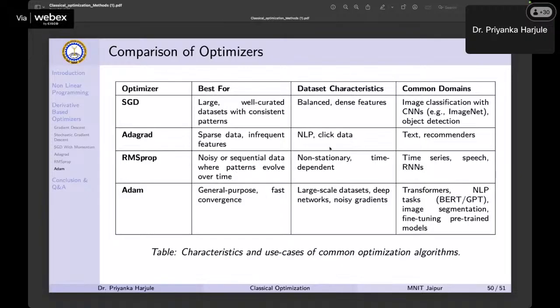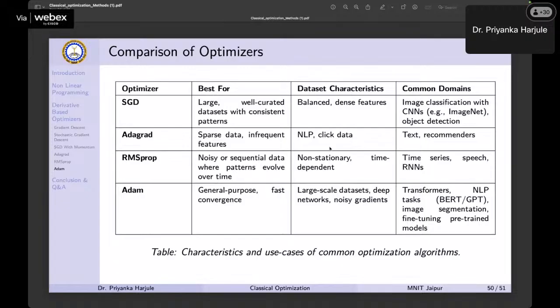RMS prop is best for noisy or sequential data where patterns evolve over time, and your data set is time dependent, not stationary. So this is most commonly used in time series or speech analysis or recurrent neural networks.